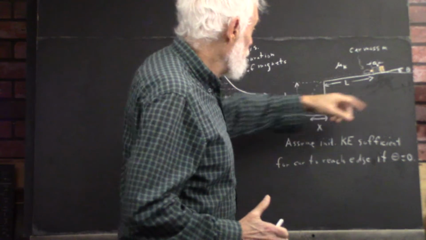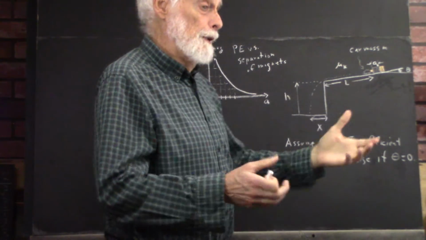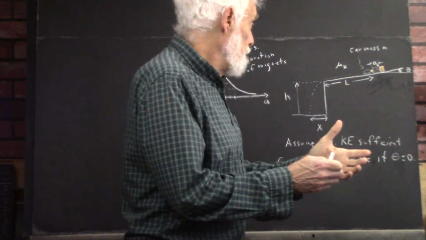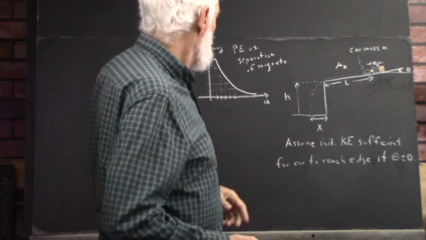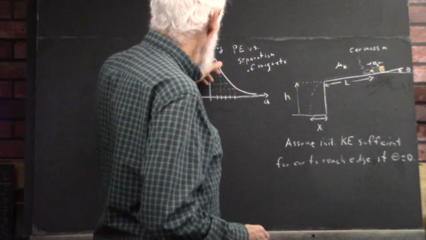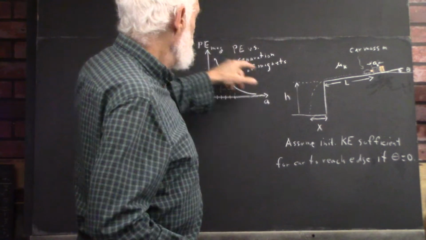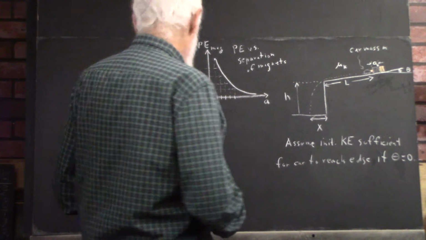The closer the magnets are, the greater the potential energy, because the more kinetic energy the car will pick up as the magnets get closer. So we have this potential energy versus separation of magnets.